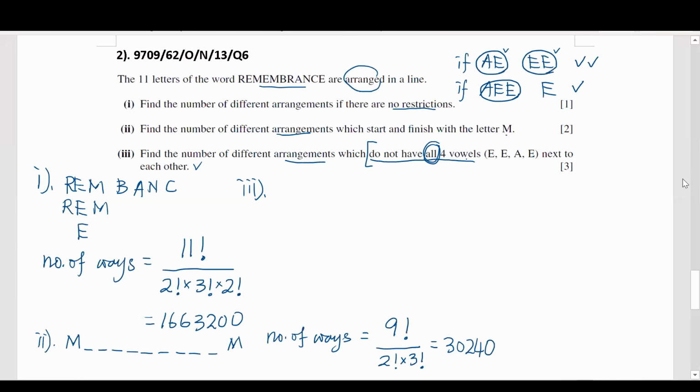So for this kind of question, in order to find out the number of ways, we can answer it like this. First, we take the total number of ways with no restrictions.